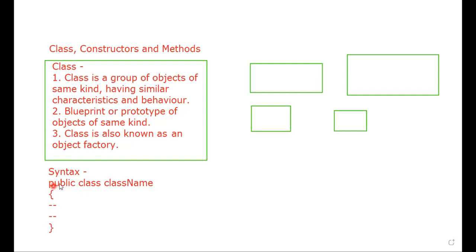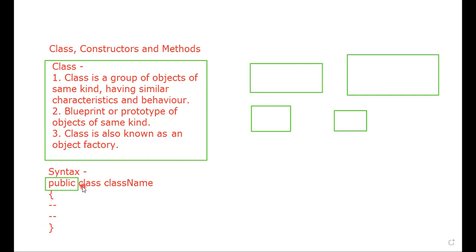Otherwise, in place of this public, there is an access specifier. What is this called? Access specifier. Access specifier means how your class is accessible from outside, okay? So there should be an access specifier in this box. This can be public, this can be private, this can be protected. Public, private and protected. Yes, this is access specifier. So in this box, there should be an access specifier.